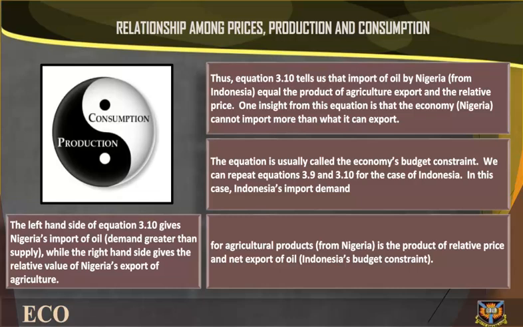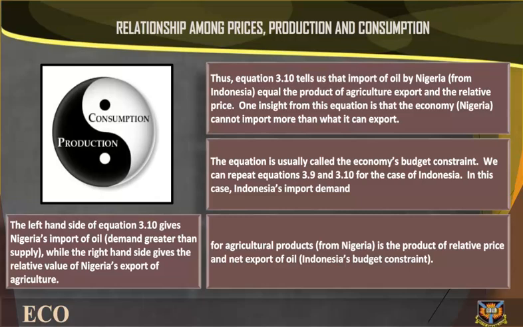The left-hand side of equation 3.10 gives Nigeria's import of oil, demand greater than supply, while the right-hand side gives the relative value of Nigeria's export of agriculture. Thus, equation 3.10 tells us that the import of oil by Nigeria from Indonesia equals the product of agriculture export and the relative price.